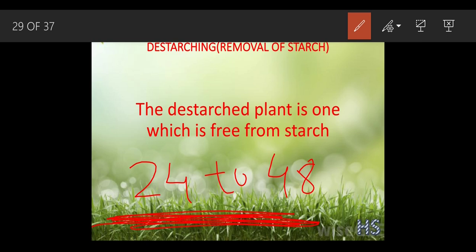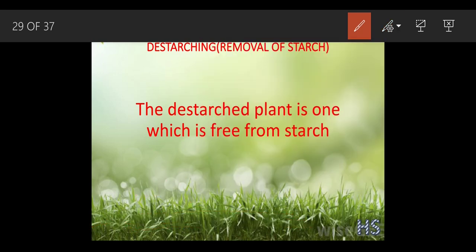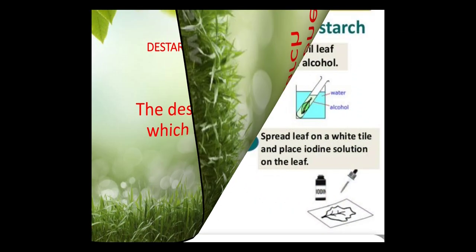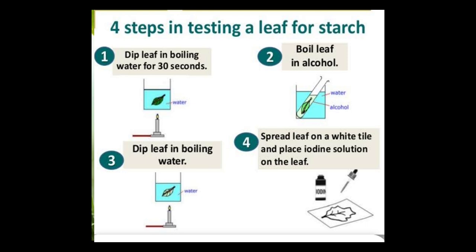So what is going to happen? Keep it for this long, and there would be a removal of starch. Now we are going to see whether, when we kept the plant for 24 to 48 hours, the plant has lost the starch or not. Let's understand.